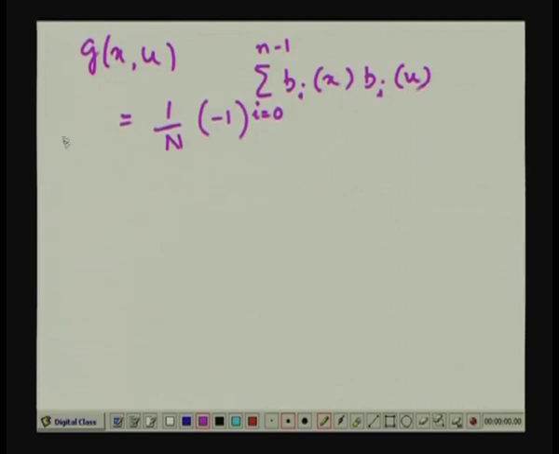Now, if I analyze this one dimensional forward Hadamard transformation kernel, you find that if I omit the multiplicative term 1 upon capital N, then this forward transformation actually leads to a matrix which is known as Hadamard matrix.